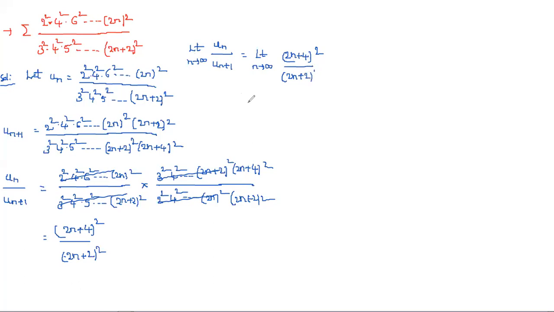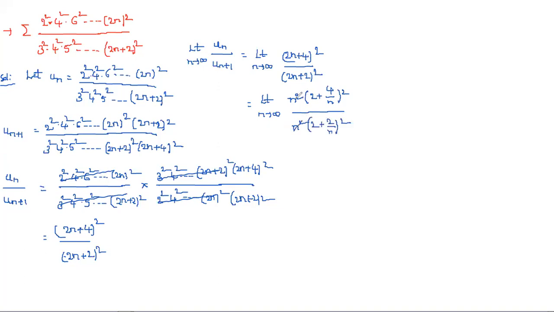If you substitute limit, you will get an indeterminate form, infinity by infinity. So for that, you can simplify this one by taking n as common. Here it will come outside, n square into 2 plus 4 by n whole square, and in the same way, here it is n square into 2 plus 2 by n whole square.